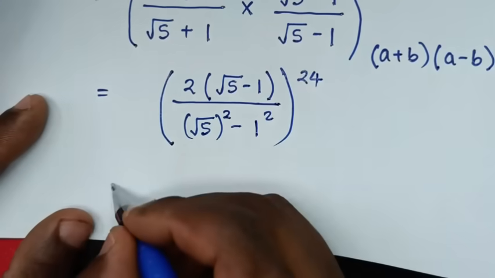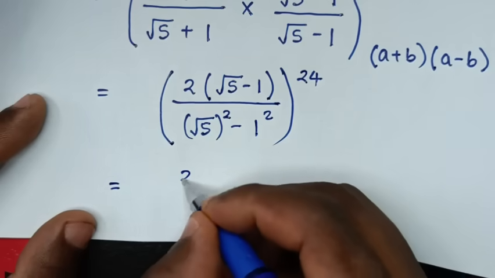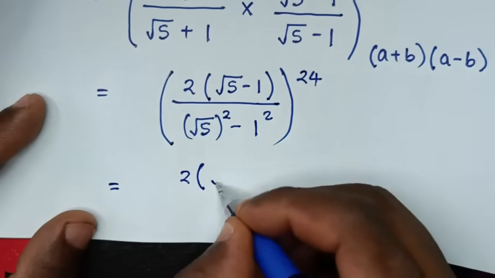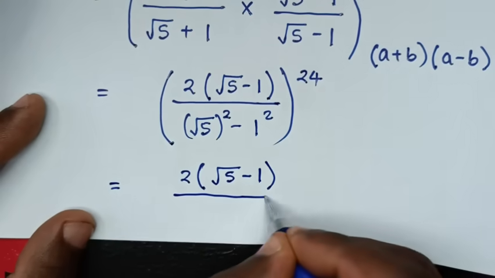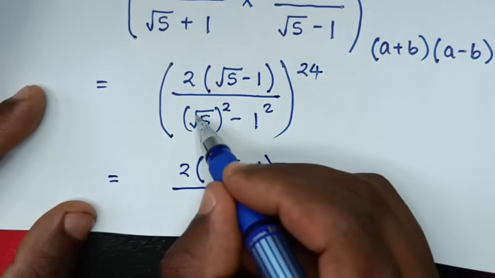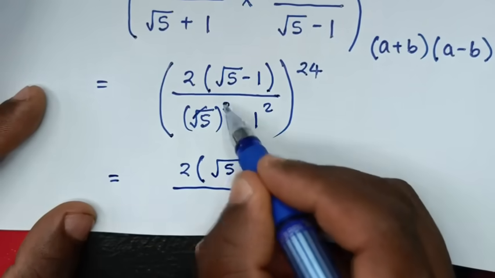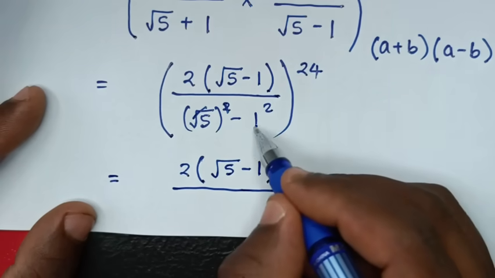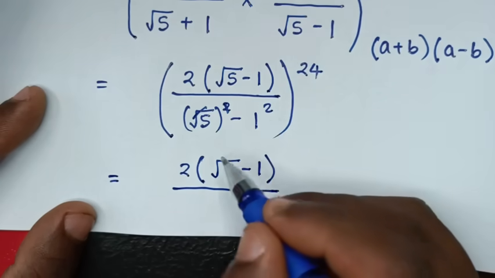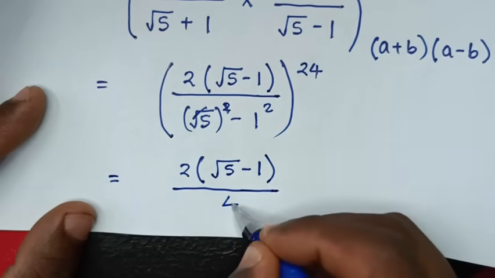Then in the next step, it will be equal to 2 bracket square root of 5 minus 1 bracket, then over, to simplify, the square root cancels with the square, so it will be 5 minus 1 square, which is 1, so 5 minus 1 is 4.